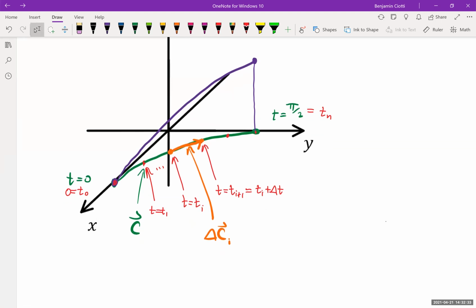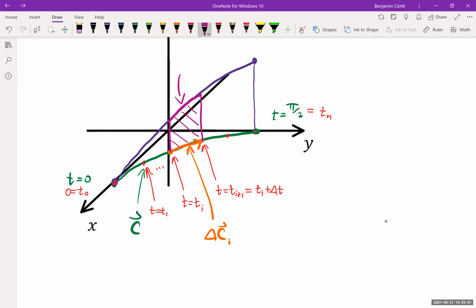Now, if the change in time is very small, then we can approximate the change in position on the trajectory by just imagining that the motion was in a straight line at constant speed. And I'll do that in a second, but let me also draw the portion of the fence that we want to approximate. So that would be this part right here.